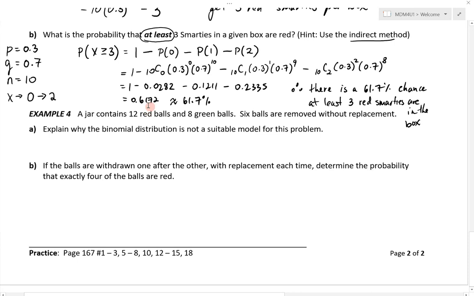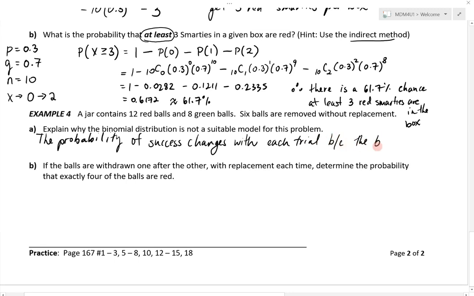So we're going to say here the probability of success changes with each trial, because the balls are removed without replacement.